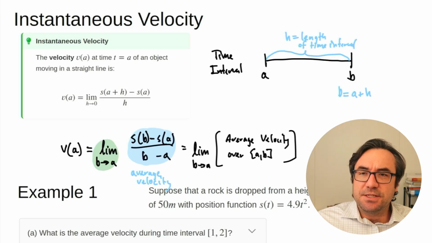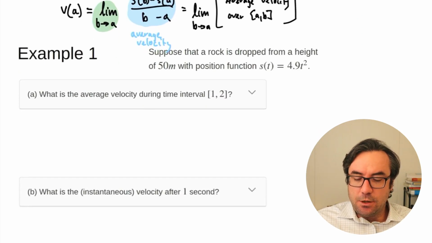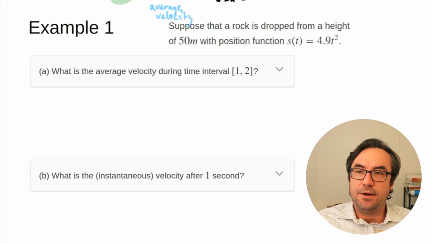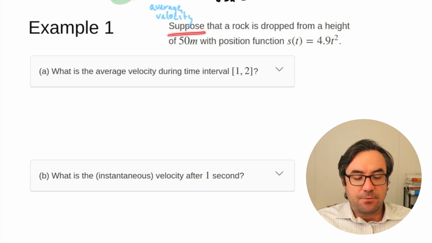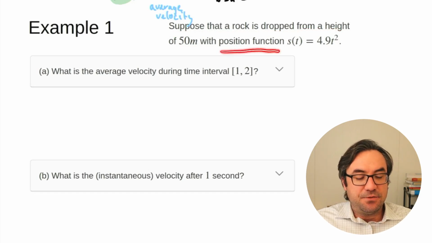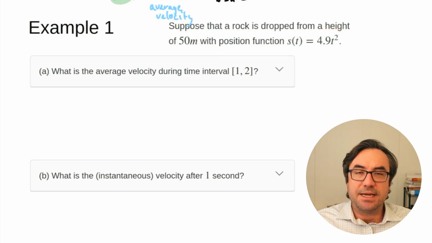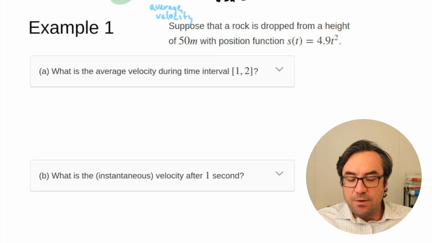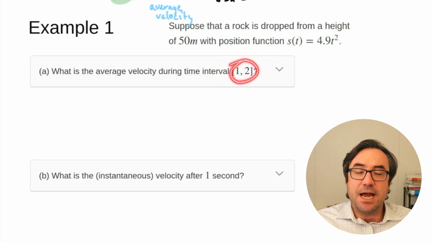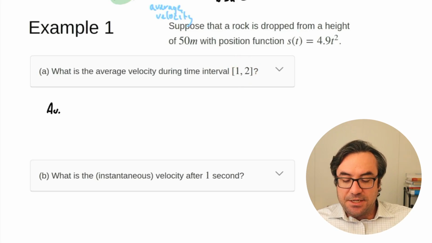All right, so let's try an example. We're going to look at just the first part of example 1. Suppose that a rock is dropped from a height of 50 meters, and the position function here is s of t, which is 4.9 times t squared. For part A, we want to find the average velocity during that time interval from 1 to 2.